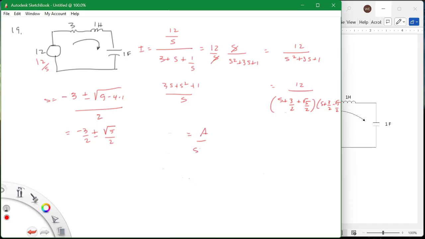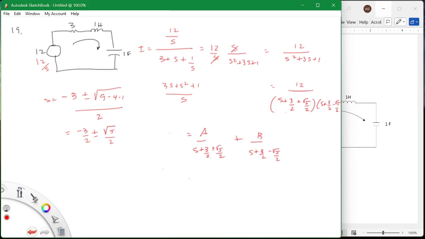A over s plus 3 over 2 plus square root of 5 over 2, plus B over s plus 3 over 2 minus the square root of 5 over 2. Okay. Now, you think this is hard, but this is just a number. Okay? This is just a number.